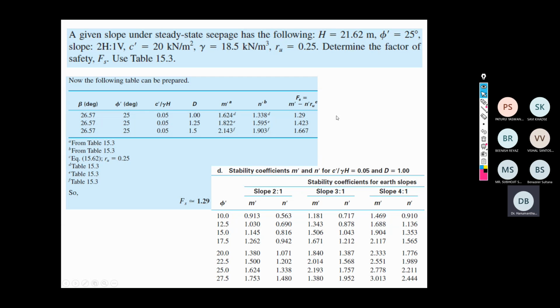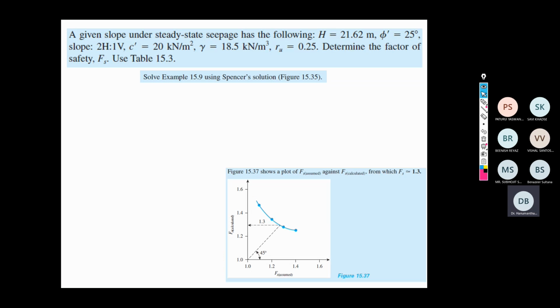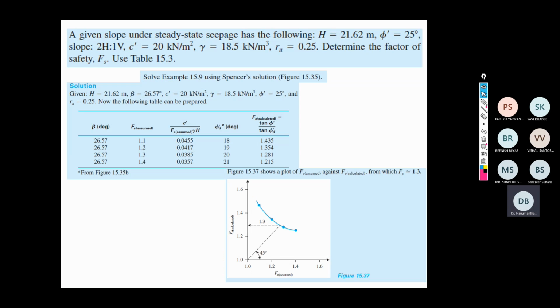Now it is further modified by Spencer and Mikulovsky. So this is the Spencer solution, which we also discussed. For Spencer, first you need to assume some initial value of the factor of safety.